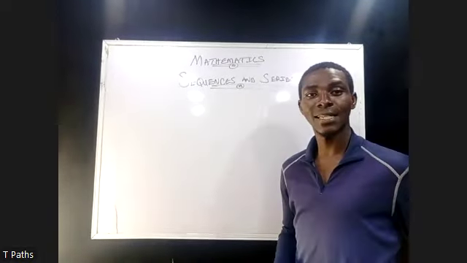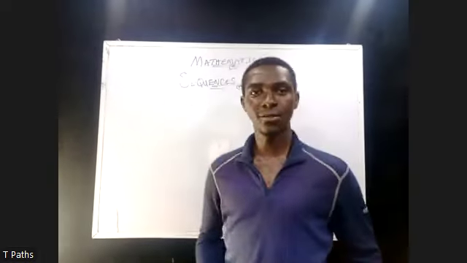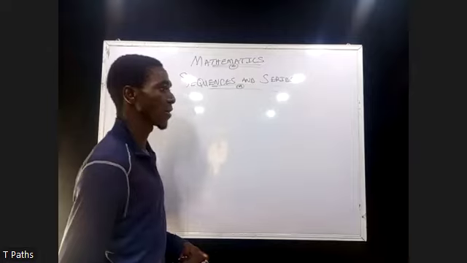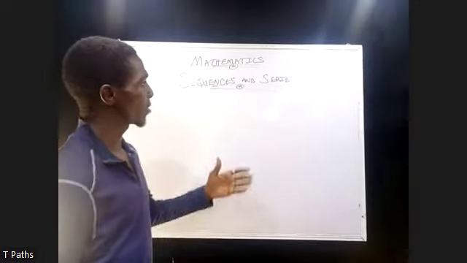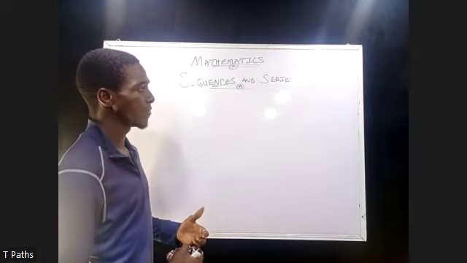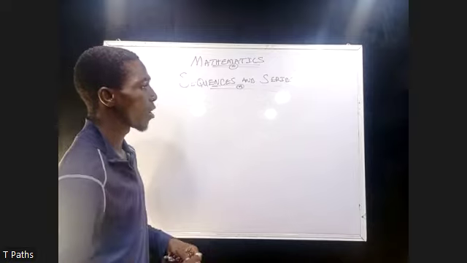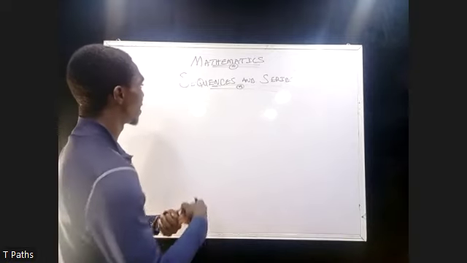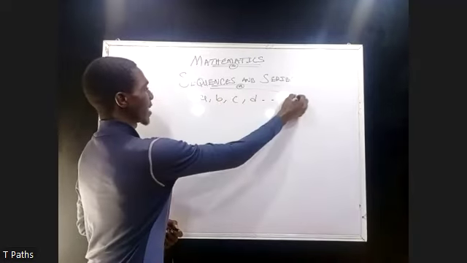So today's class is about sequence and series. Let's introduce what today's topic is all about. The word sequence, if you check your dictionary, involves an array of numbers that are listed, separated by a comma or a dot. This is an example of a sequence: A, B, C, D, and so on.